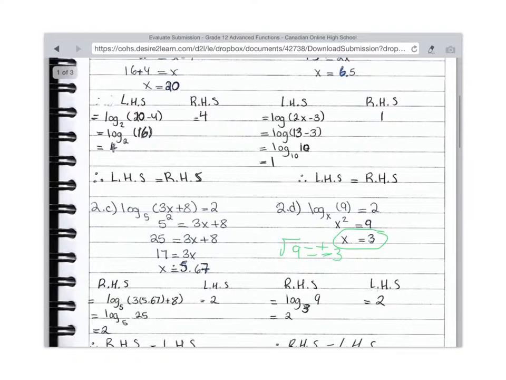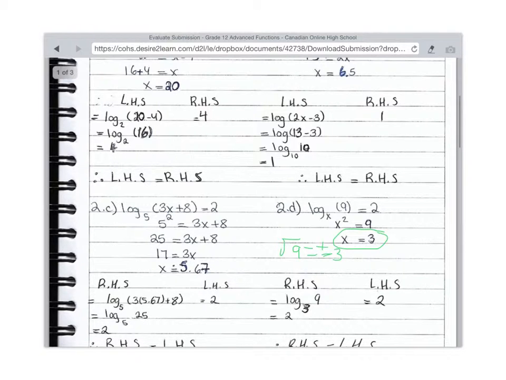In the case of logs, you can't have a negative base, because it doesn't make sense to have a negative base for a log. All the bases have to be positive. So using an answer of minus 3 would give us a log with a negative base, and so that's inadmissible. That's what we say when it's an answer that we cannot use for the solution.